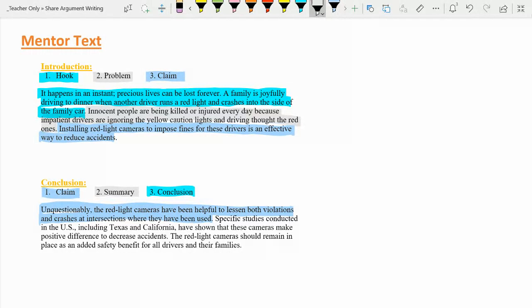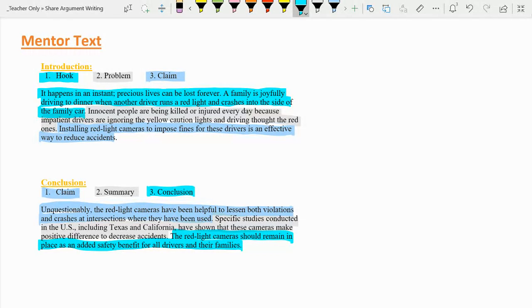Now I'm going to kind of give a summary or restate some of my main ideas. Specific studies conducted in the US, including Texas and California, have shown that these cameras make a positive difference to decrease accidents. And then finally, my conclusion, something thoughtful to leave them off with. The red light cameras should remain in place as an added safety benefit for all drivers and their families.